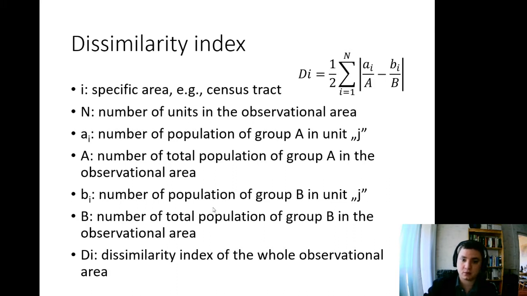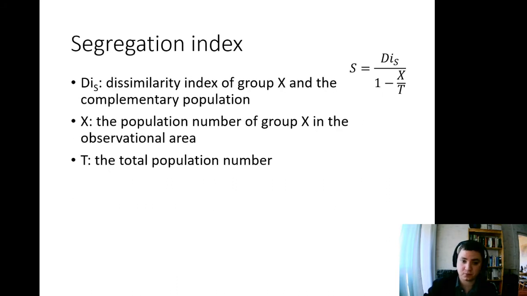And the last one, the segregation index, which is similar to the dissimilarity index, but here we calculate the degree of segregation of one social group to the complementary group, to the others. So we use only one social group in the segregation index.